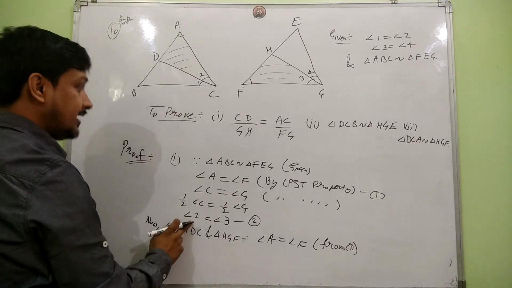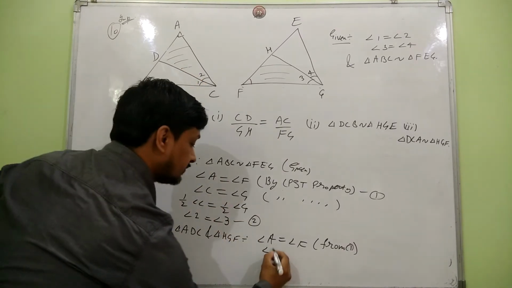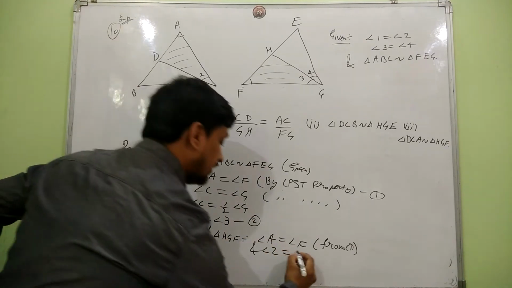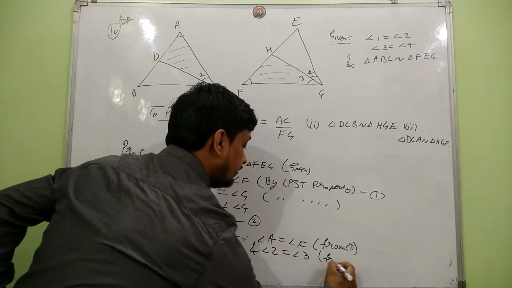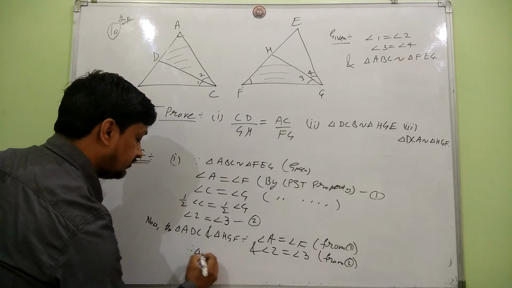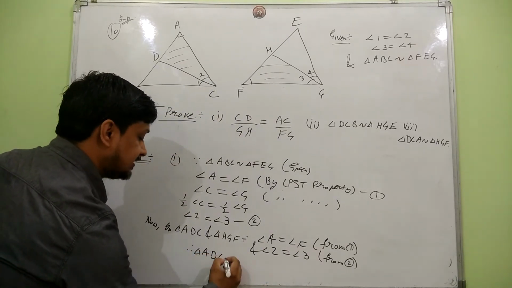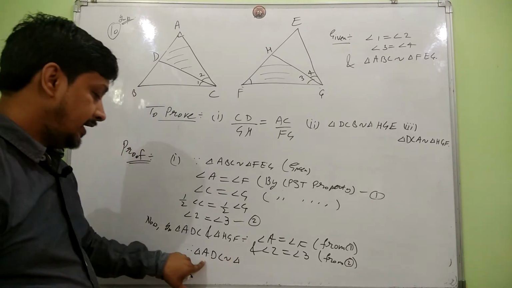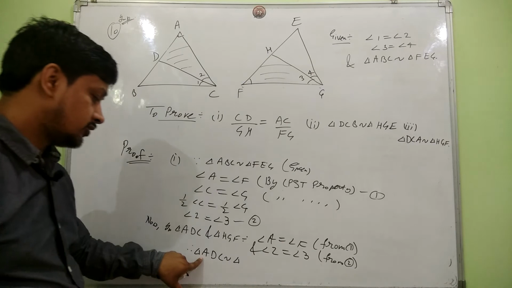And second, angle 2 of this triangle is equal to angle 3 of the other triangle, from equation 2. Now you can say triangle ADC is similar to triangle. Now you have to see the correspondence.